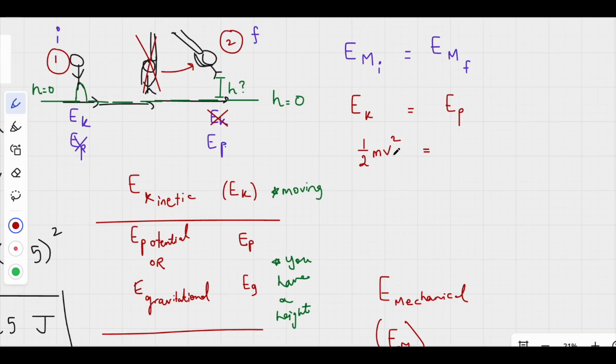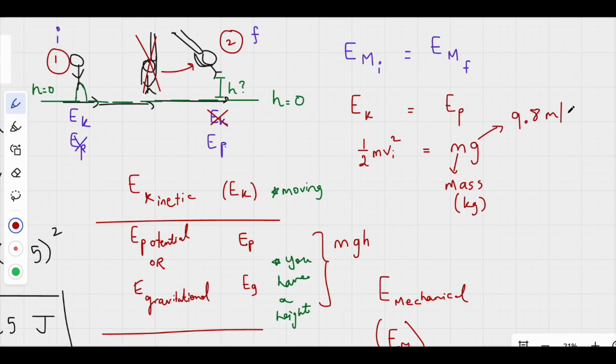So we can put a VI here because this is the initial velocity. And the equation for the gravitational potential, we didn't discuss this earlier. It's mgh, so mass in kilograms times g, which is the gravitational constant. It's always 9.8 meters per second squared, times height in meters.